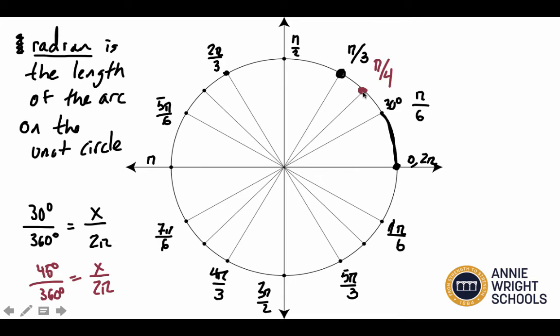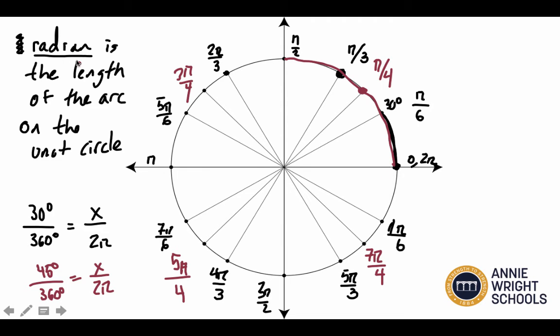Pi fourths is this arc. If I add the length of that arc, I'm here and I'm at 2 pi fourths, 3 pi fourths, 4 pi fourths, 5 pi fourths, 6 pi fourths, 7 pi fourths, and 8 pi fourths.